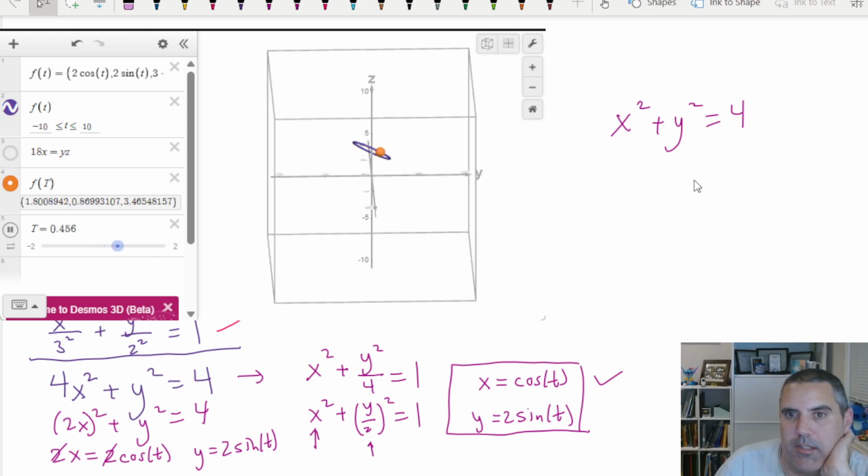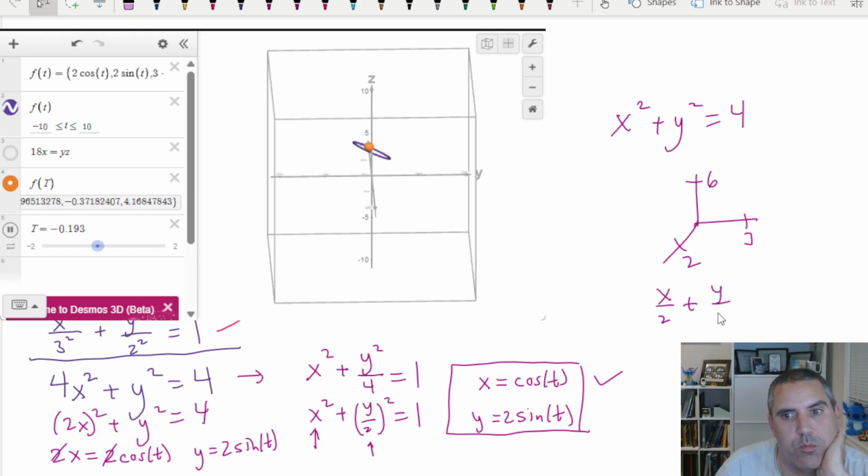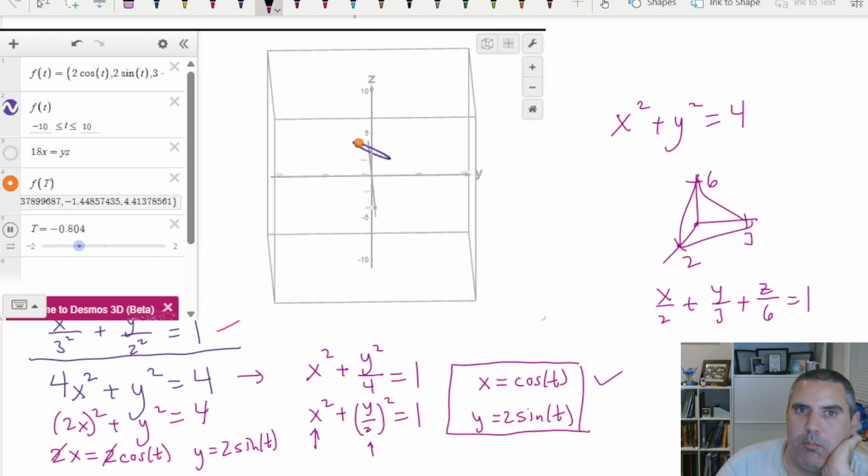How about the plane that goes through 2, 3, and 6. So that would be the plane x over 2 plus y over 3 plus z over 6 equals 1. So it's that plane. If I drew that plane, extended it up, intersected it with this cylinder, what would I get?